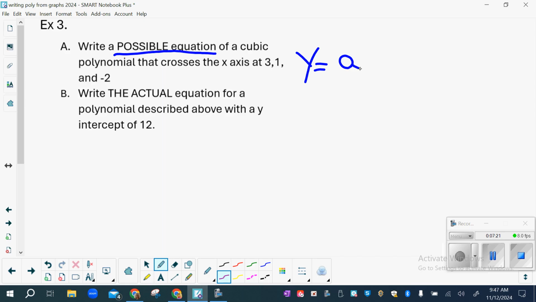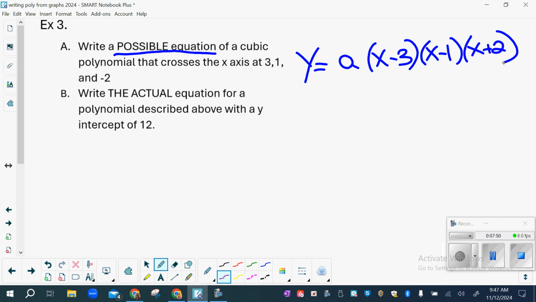So here we know we cross at 3, 1, and -2. So it's going to be x minus 3, x minus 1, and x plus 2. Is that easy? So easy. If you wanted to graph it to help yourself, you can, but you totally don't have to. Yay, that's the first one done.